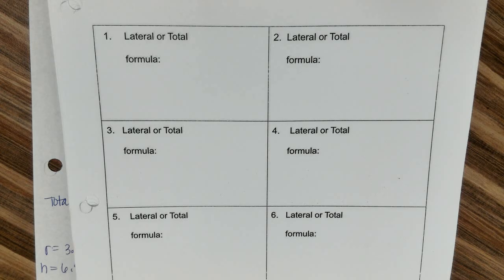So yes, I expect you to write the formula for every question. So if it said lateral, I will write 2 pi RH. I want to see your R and your H, and then you can put your answer. That way, if you miss it, I can see, did you write the wrong formula? Did you get your R and your H wrong? Or is everything good and maybe you just typed it in the calculator wrong? Make sense? Okay, go ahead and get on the computer while I pass these out.